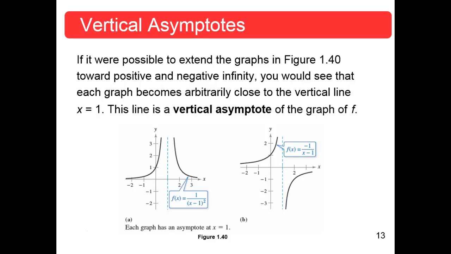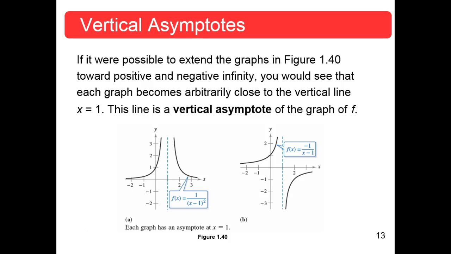And that example 2, is that the one we just did? No, that's what we're starting to get at. That was example 1. So let's look at vertical asymptotes. If it were possible to extend the graphs toward positive, negative infinity, well, of course you could.